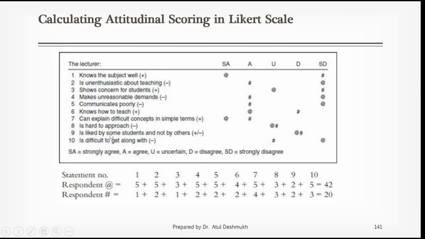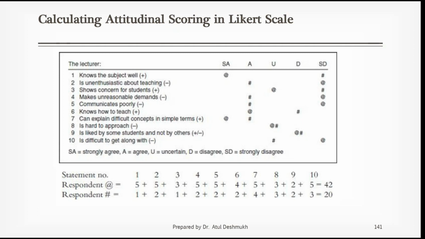For these two statements, there is no differentiation in attitude between respondent at and respondent hash. For statement number 8, both of them marked in the uncertain zone. And for statement number 9, liked by some students and not by others, both of them marked in the disagree zone. Such statements are not discriminating one participant from another.